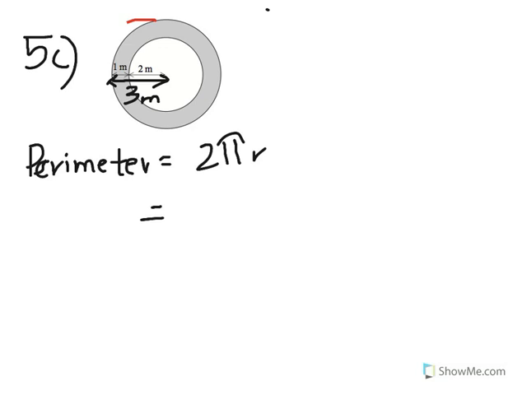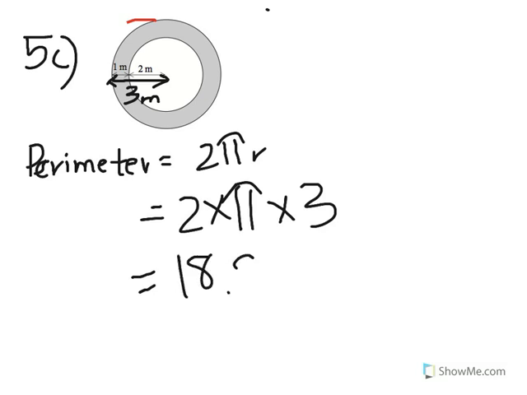And so in this case, we're trying to find the path. So the path is the circumference of the big circle with radius of 3 meters. So it's 2 times pi times 3, which is 18.84 and so on. But since they want it in three significant figures, it's just 18.8 and just meters, since circumference is just length.